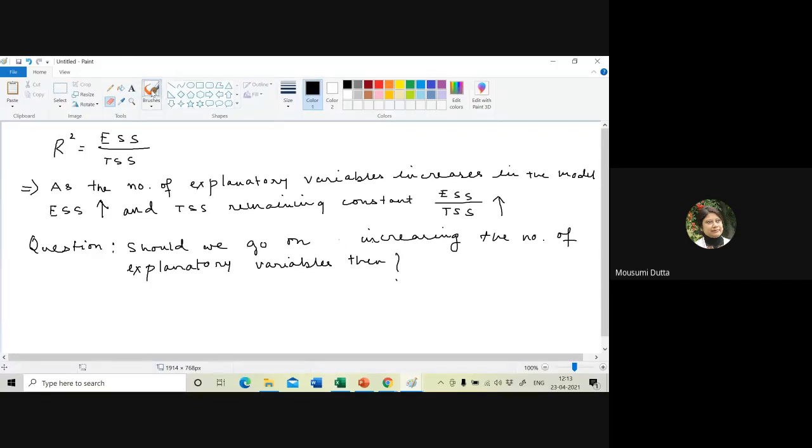Okay, so this is the question. Should we go on increasing the number of explanatory variables then? If this is the idea, continuously you need to collect the data on this variable, that variable. Should we go on increasing the number of explanatory variables then?